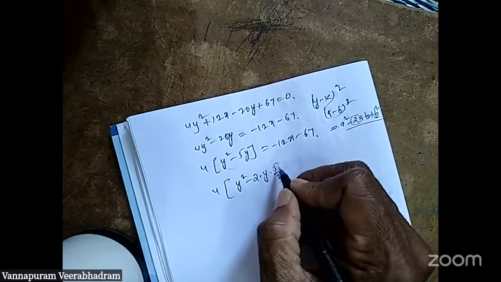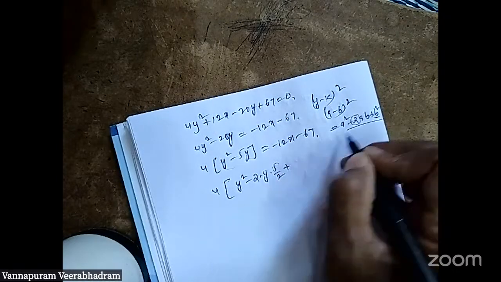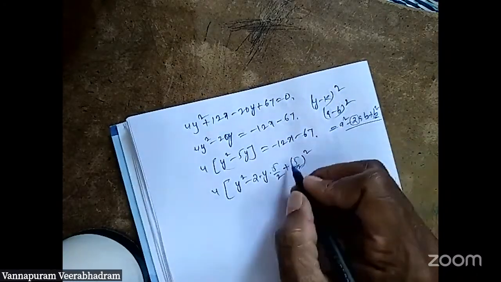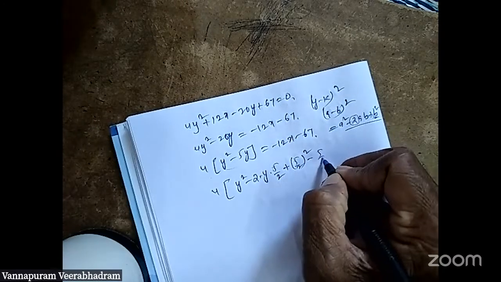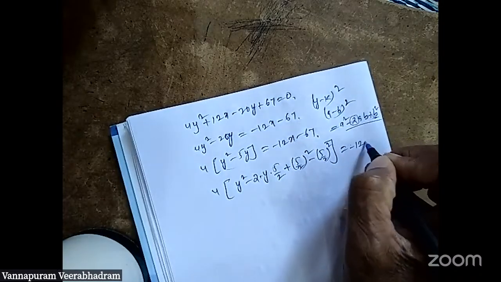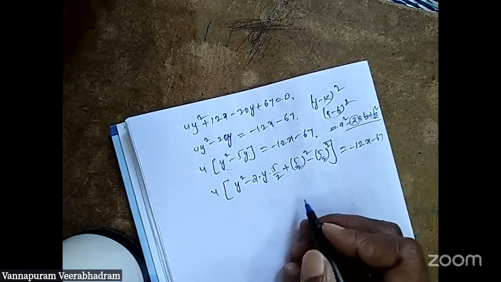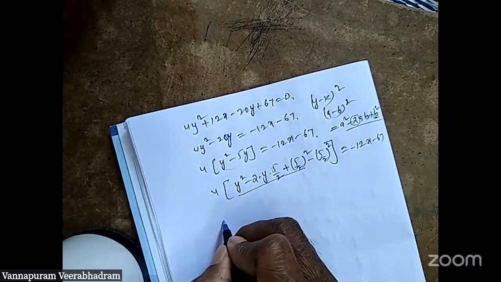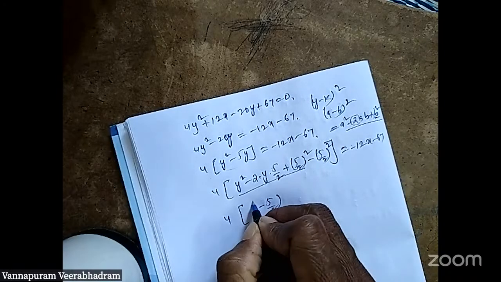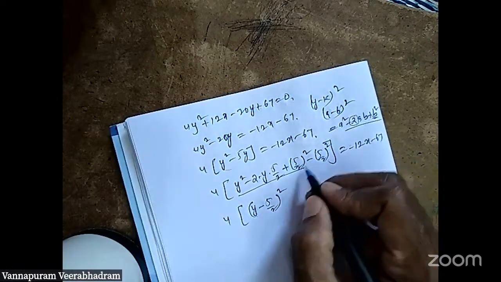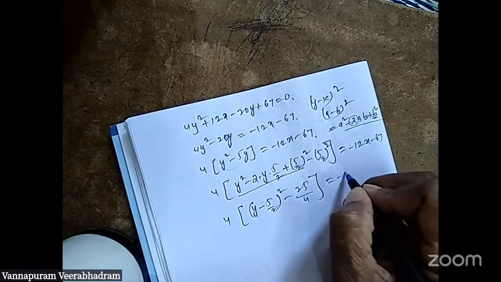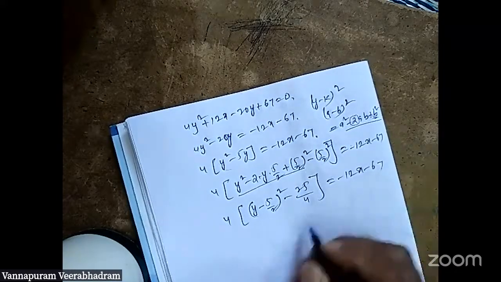Now add b square, that is 5 by 2 whole square, and subtract 5 by 2 whole square, which is equals to minus 12x minus 67. For these three terms, we have y minus 5 by 2 whole square minus 25 by 4, which is equals to minus 12x minus 67.